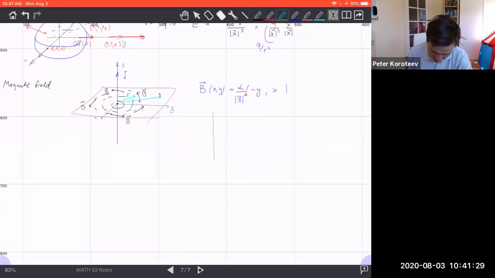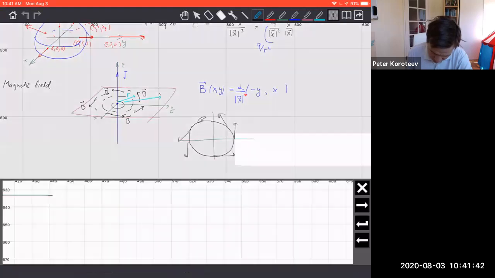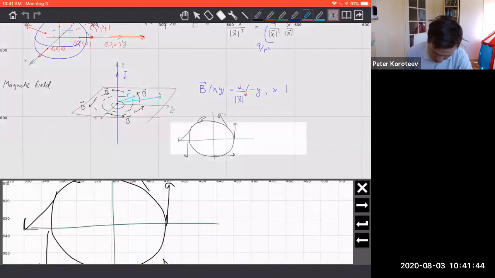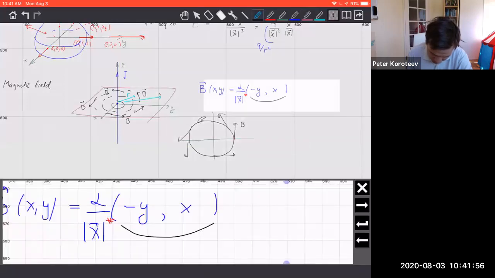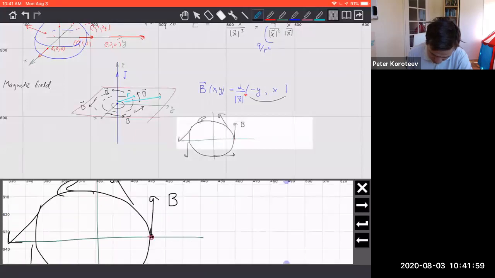That's the pattern that we expect. At this point here, when y is equal to 0, the vector field is directed upwards, right? I'm only looking at this part now. Say this is point 1, 0, then the vector goes this way, right?